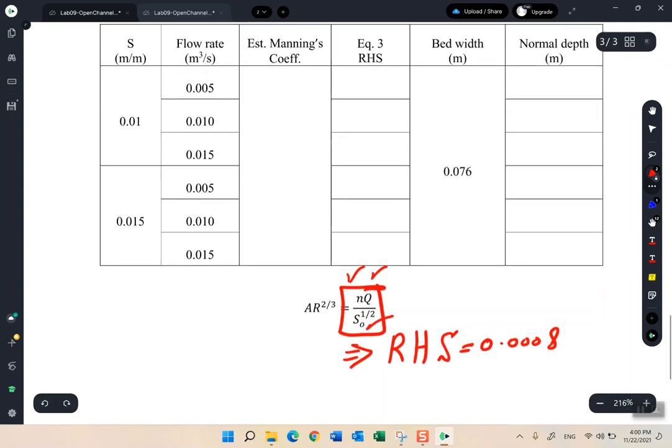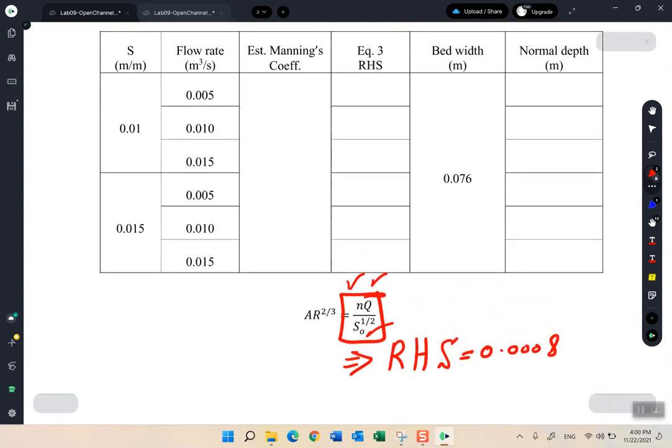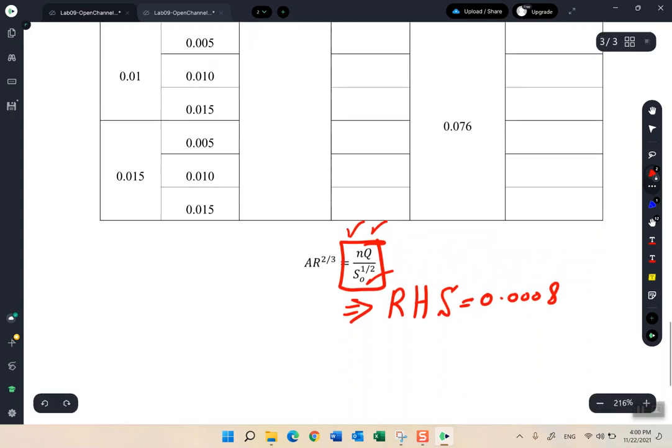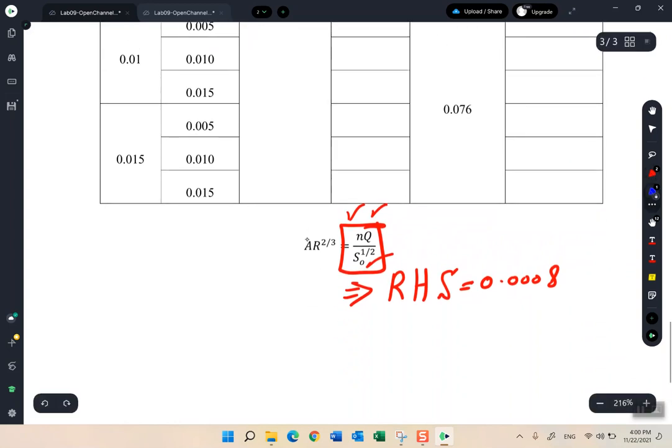Great, so where is the normal depth? Where is y in this equation? Can you tell me? Of course, the area depends on y.